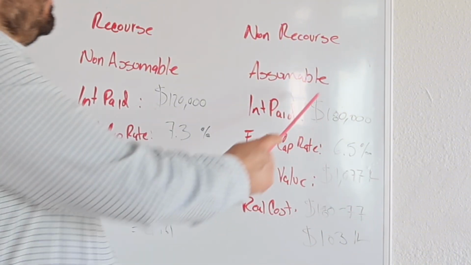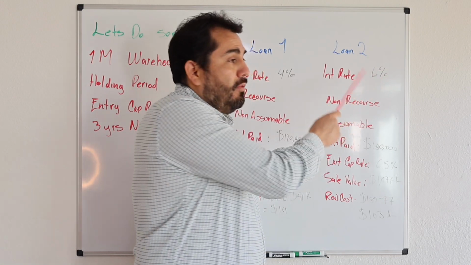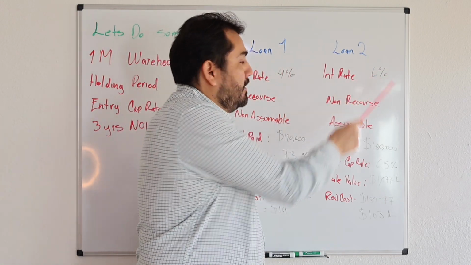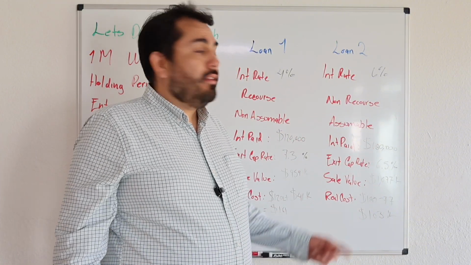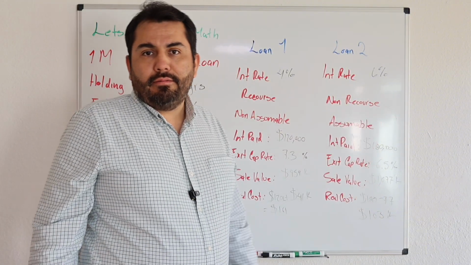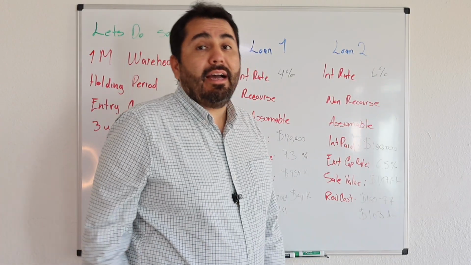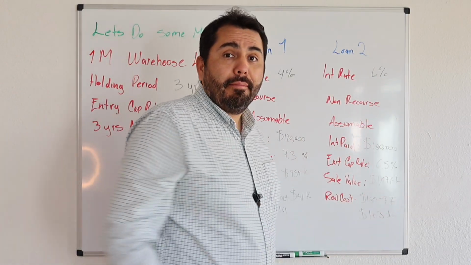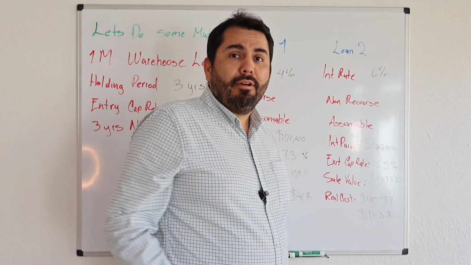Why? Because let's say in this situation, even if this interest rate is higher than this, 3 years after, the interest rate went to 8%, let's say. So we still have a lower interest rate than the market. So that makes our property more attractive for investors.